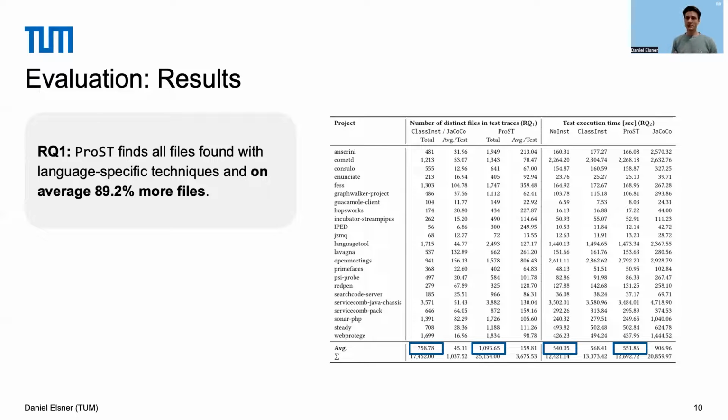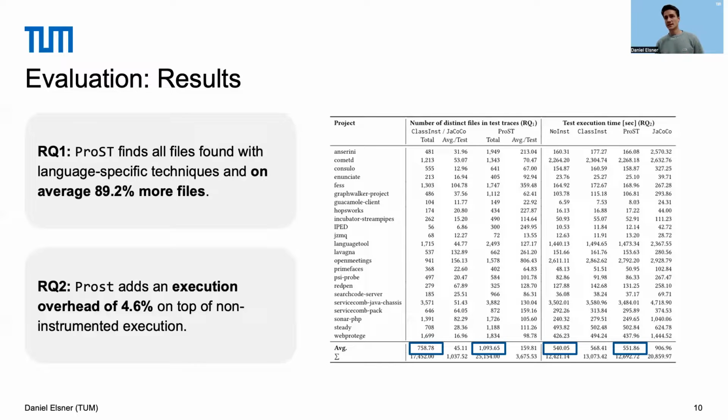In general, this supports prior regression testing research from RTS Linux, where a factor of 5.9 more files were found, whereas we find 0.9 more files. We expect the difference to stem from the fact that in the RTS Linux paper, no irrelevant system or JDK files or even directories, because Linux will also access directories as files, were filtered out of the set of accessed files. So we expect the difference to come from there. And still, it goes in the same direction.